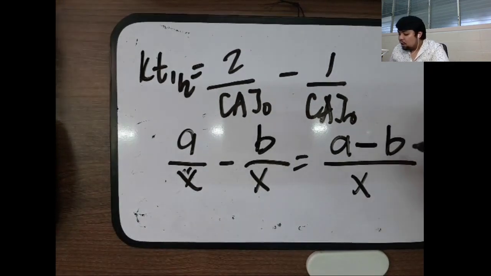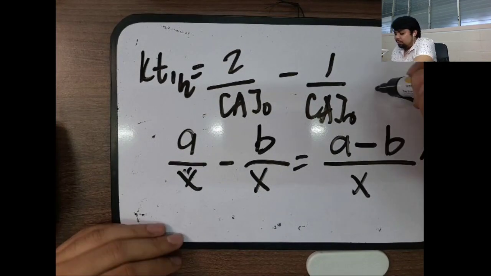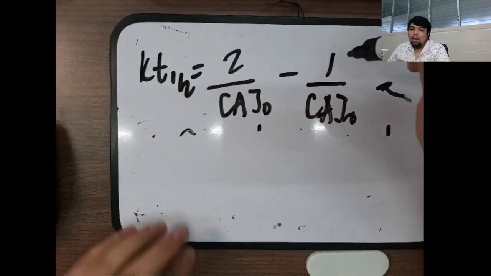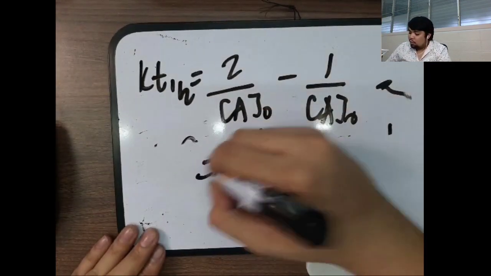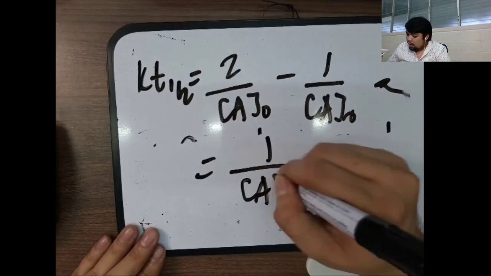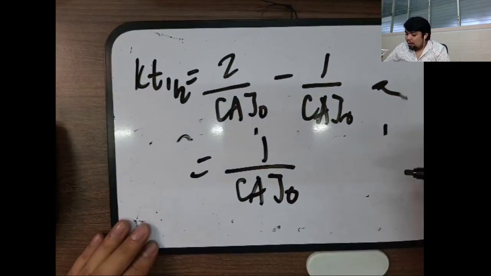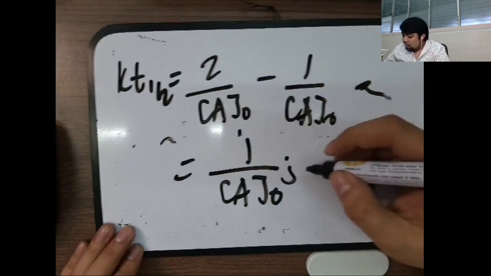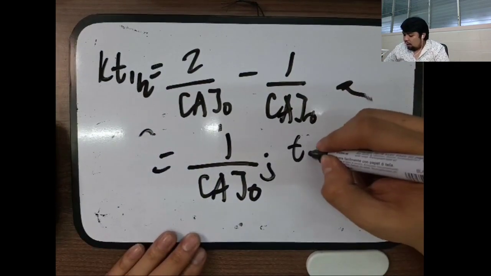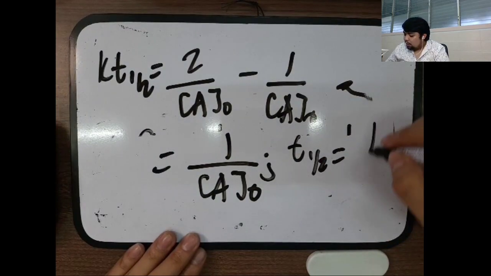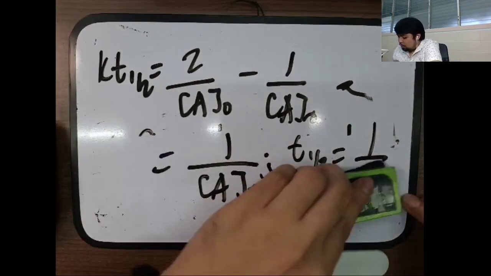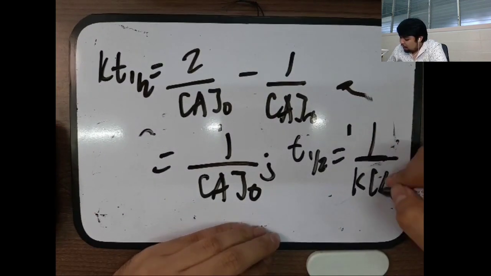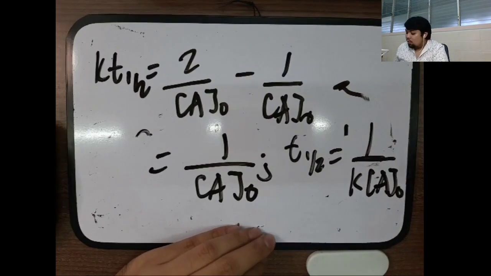So we will use that property here. Since 2 minus 1 is equal to 1, we get 1 over A null. Therefore, manipulation of this equation will yield that t, the half-life, is equal to 1 over the rate constant multiplied by the initial concentration of the reactant.